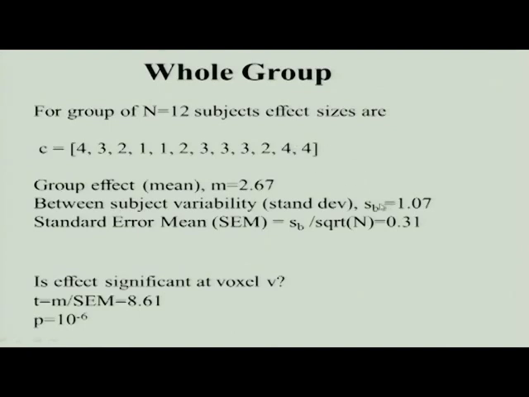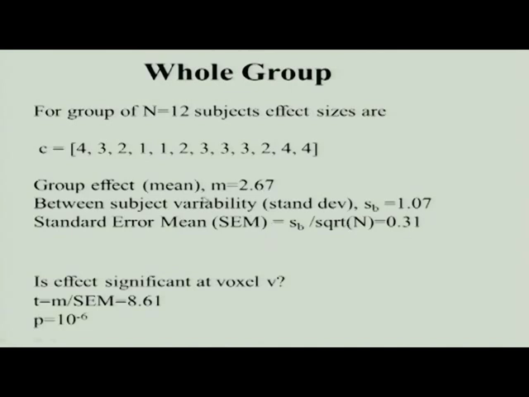To see if the effect size is significantly non-zero, you just do a one-sample t-test, which compares the group effect to the standard error of the mean. The standard error of the mean is just the between subject variability divided by the square root of the number of samples, and here the number of samples is just the number of subjects.